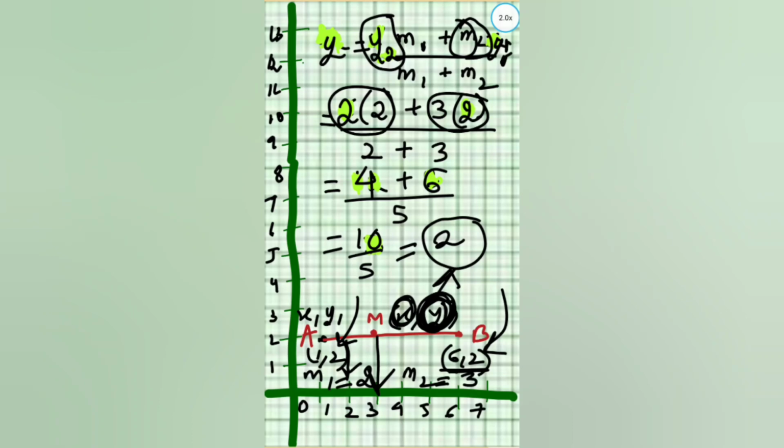So I got the coordinates of M, both the coordinates. X is 3. Y is 2.